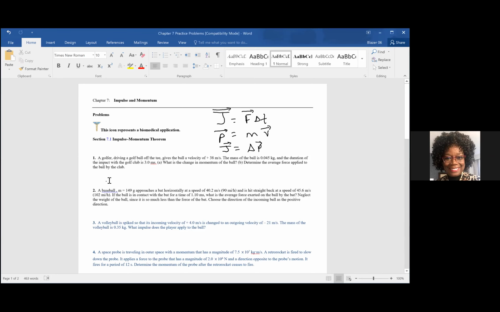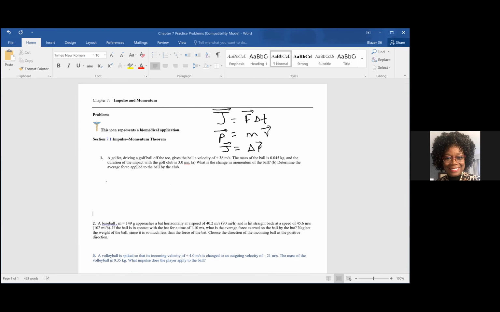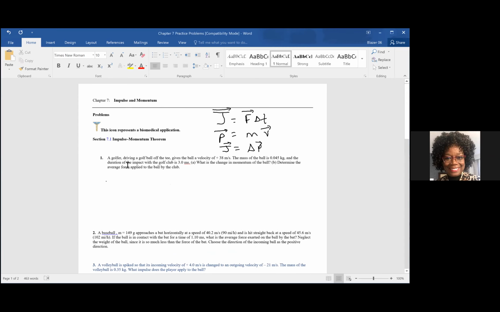These are practice problems, and then I'll put some on Blackboard for your homework. Okay. A golfer driving a golf ball off the tee gives the ball a velocity of 38 meters per second. So that means initially the velocity is 0.